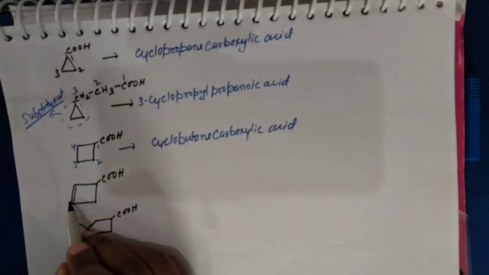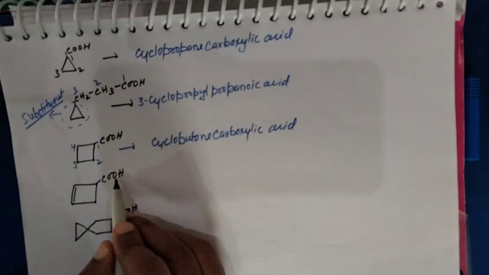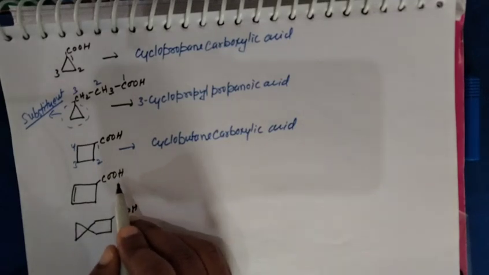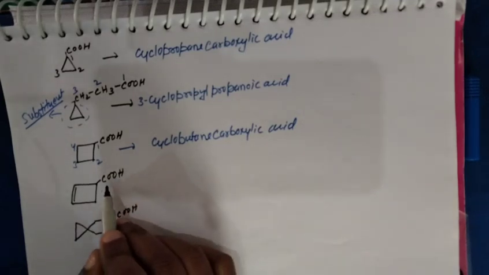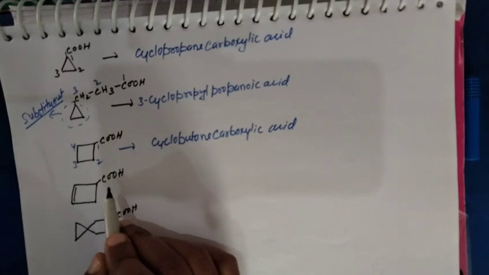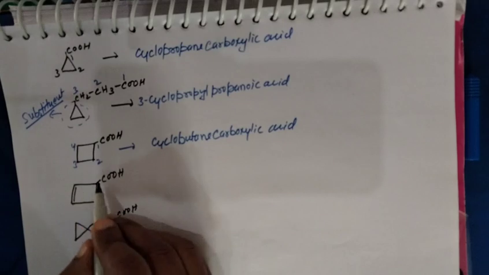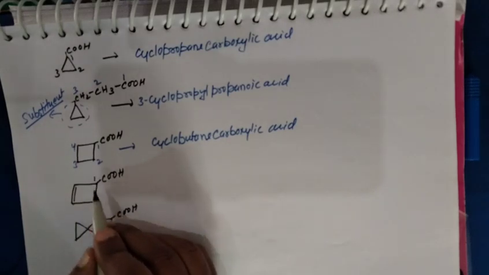In this case, counting starts from here, not from this side. Why? Because this is the prior group. In priority order, COOH is the top priority. It is placed at the top place in the priority order. So we can count 1 2 3 4 in such a manner.